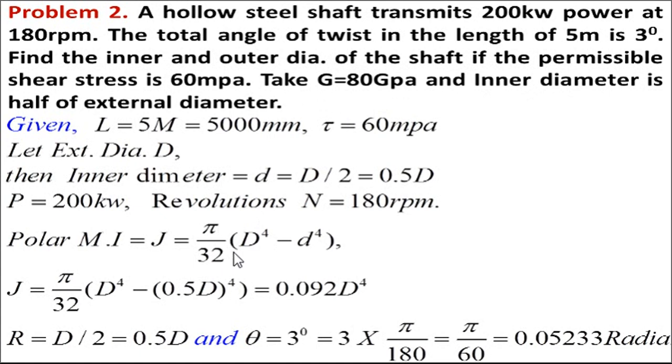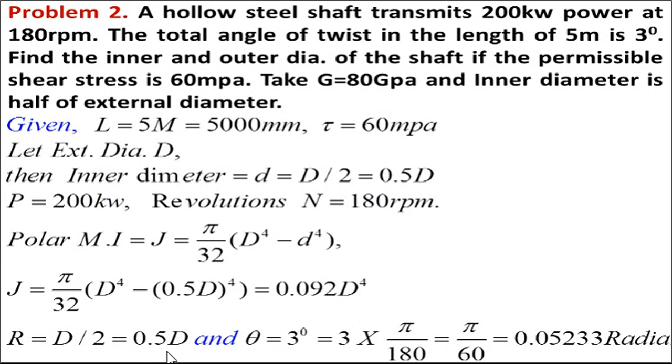So the formula is pi by 32 into capital D raised to 4 minus small d raised to 4. So pi by 32 in bracket capital D raised to 4 minus small d, which is 0.5 D, raised to 4, and here it will be 0.092 D raised to 4, that will be the polar moment of inertia J.